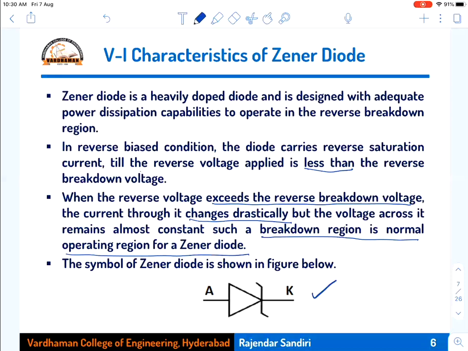Next, the symbol of the GNR diode. It is not exactly like a PN junction diode, but the vertical cathode bar is represented in the form of a Z shape.